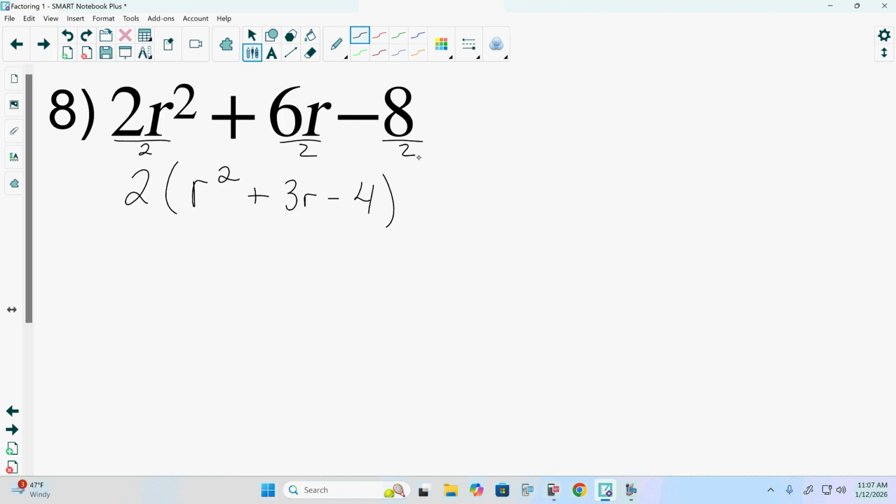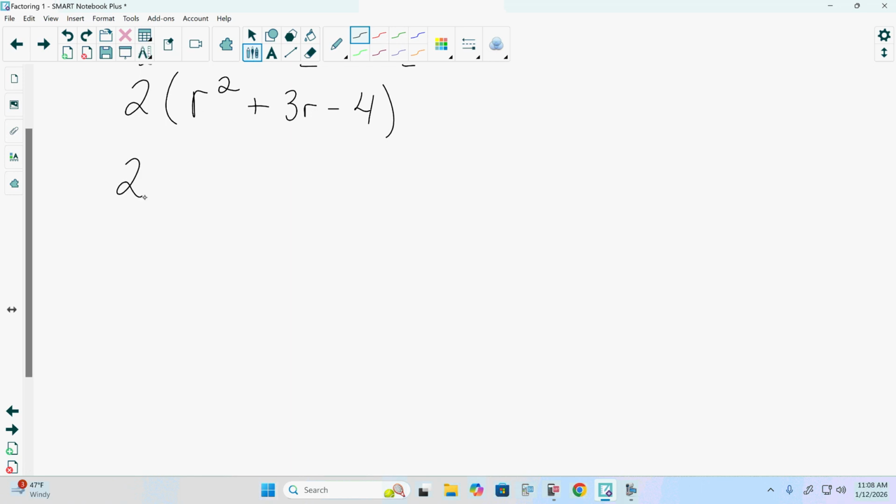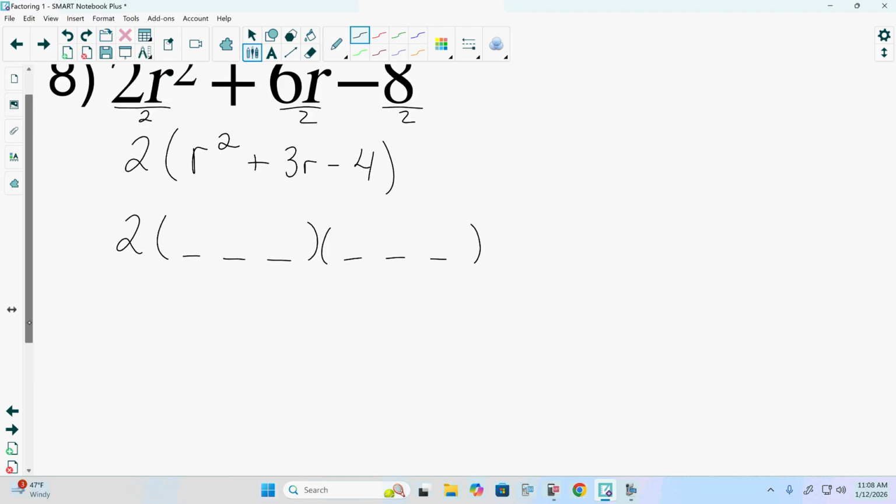We still need that greatest common factor of 2, because that's still part of the answer. But we factor it out first. Since we finished pulling it out of all three terms, we can move on to our 2 sets of parentheses with 3 spaces.